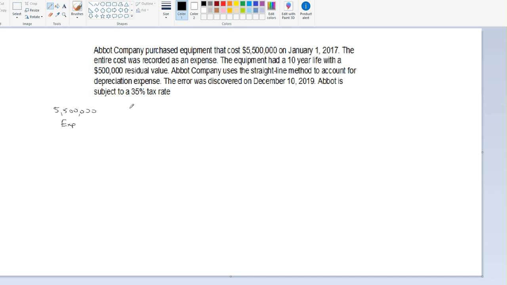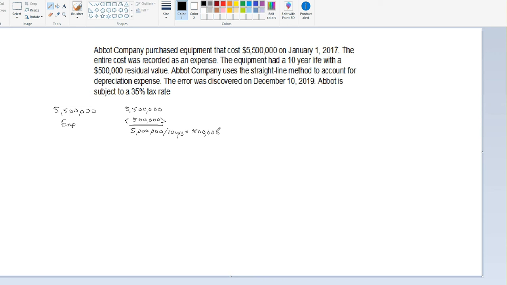What should they have done? Well, they should have taken the $5.5 million, subtracted the residual value, which gives me $5 million, right? And then we divide that by 10 years, and that should give me a $500,000 depreciation expense every year for 10 years.